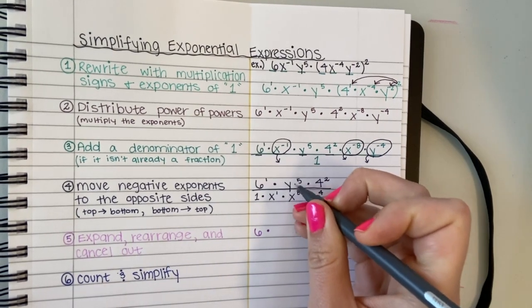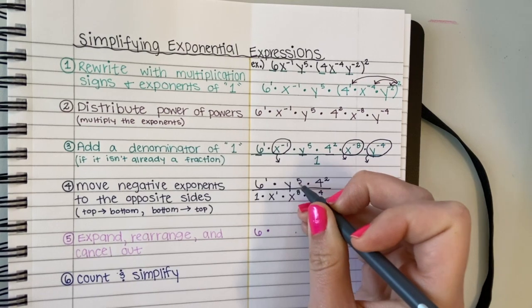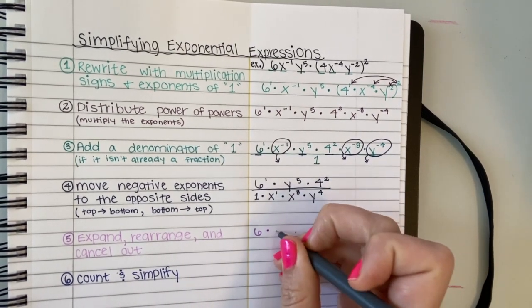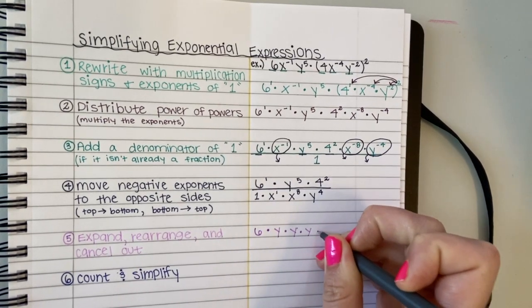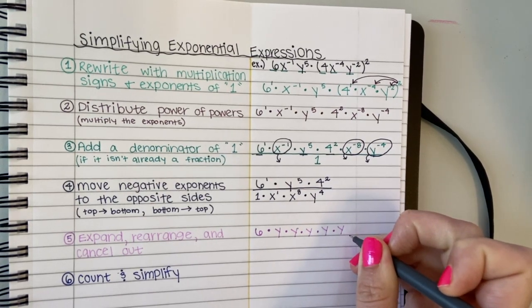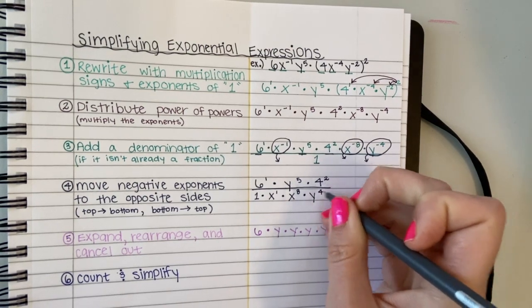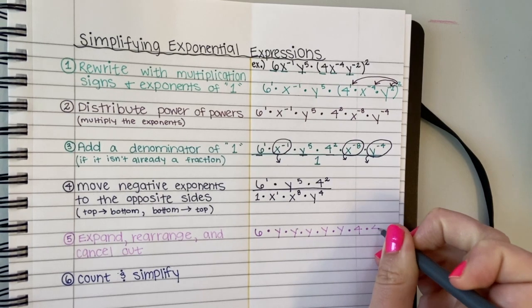And I know that y to the power of 5 just means that I'm multiplying y by itself 5 times. So it's just written as y times y times y times y times y. I also have this 4 squared. I know that 4 squared is 4 times 4.